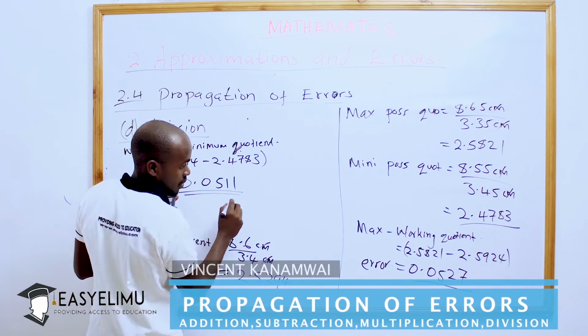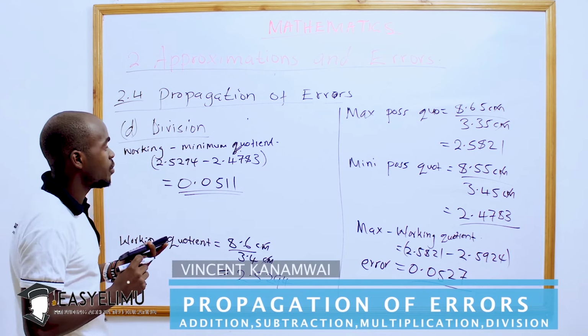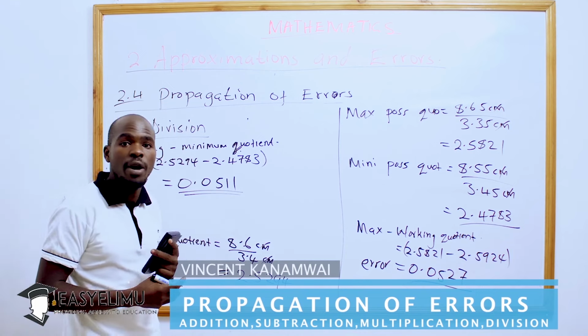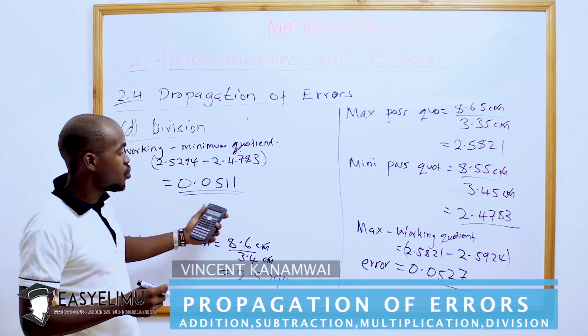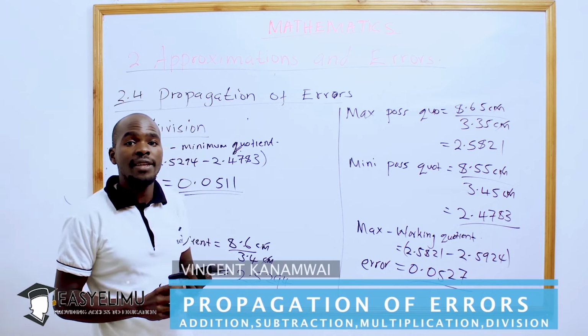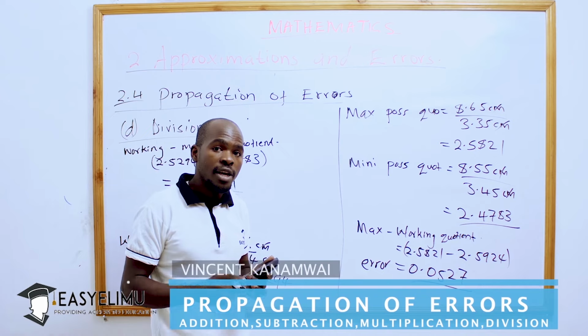This is the error between the working and the minimum, and we can say the two are not equivalent as it was in the sum and difference.